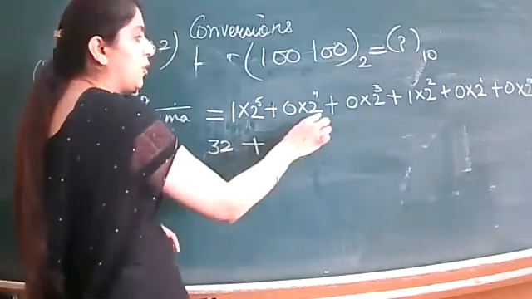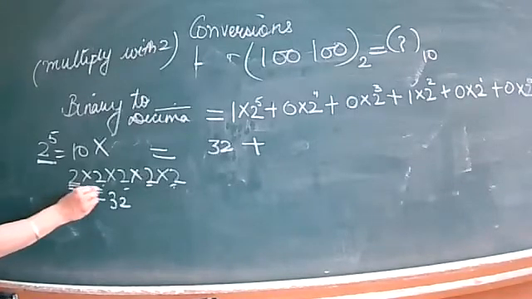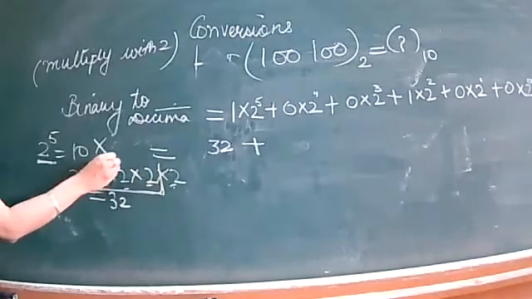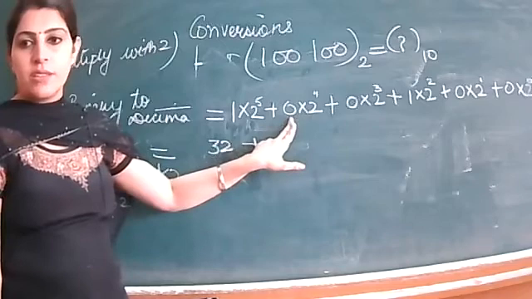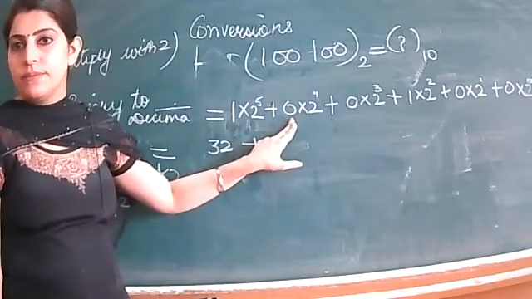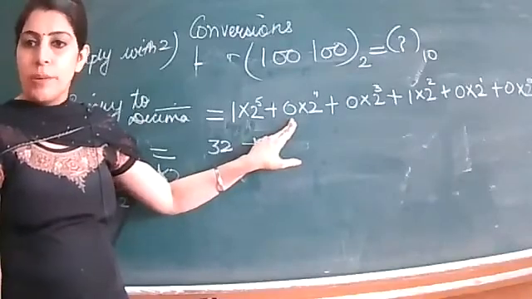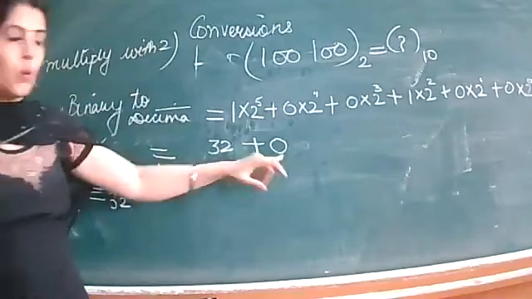Second, 2 raised to power 4. What is 2 raised to power 4 now? Tell me by calculating. 2 raised to power 4 is done, right? So this will be 16. Now 16 into 0: any number multiplied with 0 gives 0.